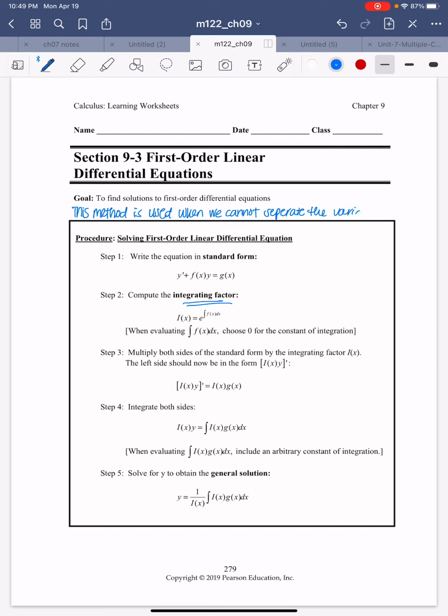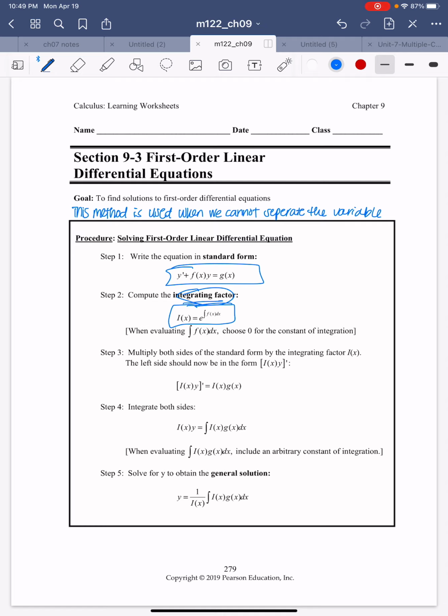Okay, so in other words, we are going to do a trick: multiply each side of the equation by a special term called the integrating factor. And then that formula is right over here. The integrating factor that we are going to multiply both sides by will be e raised to the integral of f of x dx, in the equation in standard form.